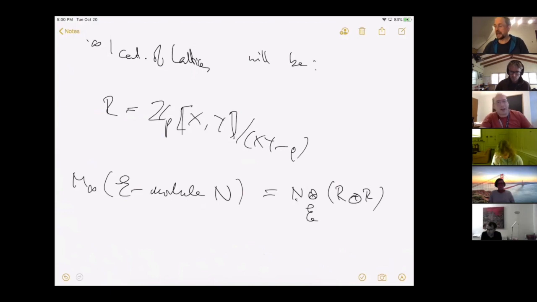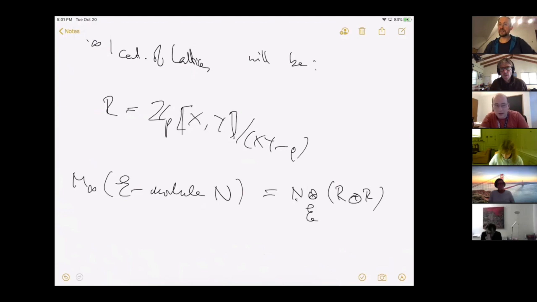Oh, okay. Sorry, I was asking under Morita equivalence, not under M infinity. So under Morita equivalence, what happens to the simples? Again, R plus R is where, under this whole functor M infinity, the projective generator will go.